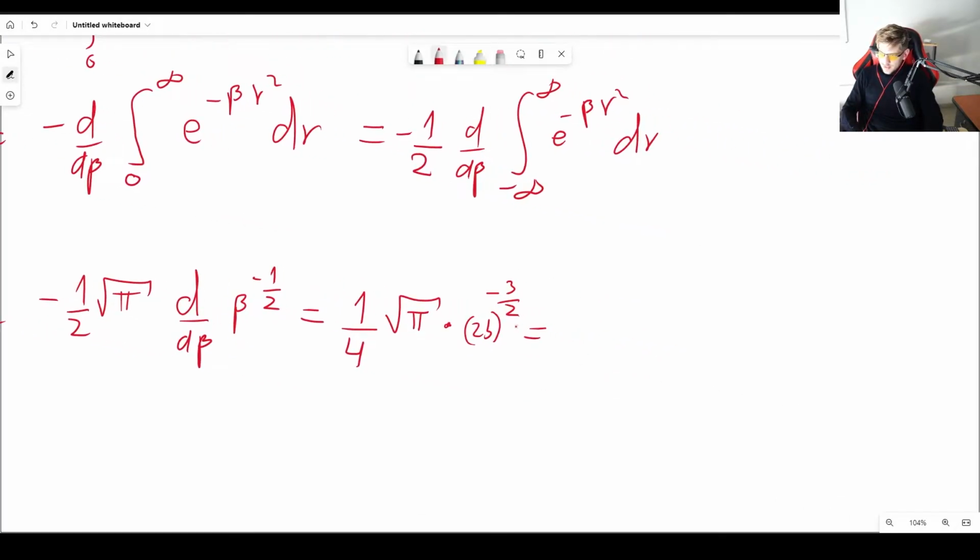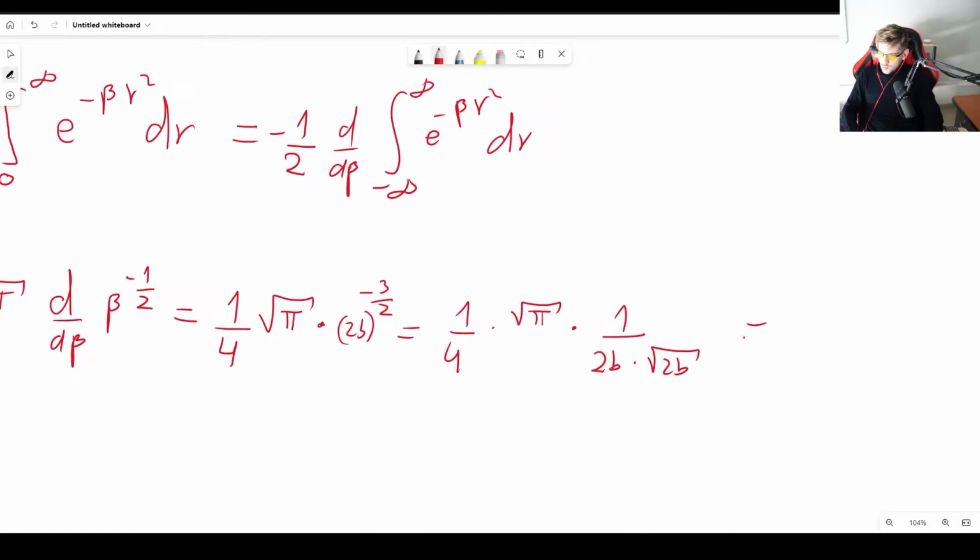Now, what is this? Let us rewrite it. So times square root of pi. And what else? So then we have 1/2b times square root of 2b, right? That simply separated this 3/2. So now we can multiply a little bit and we get, actually I'm gonna purposely write it like this, 1/8b times the square root of pi over 2b.